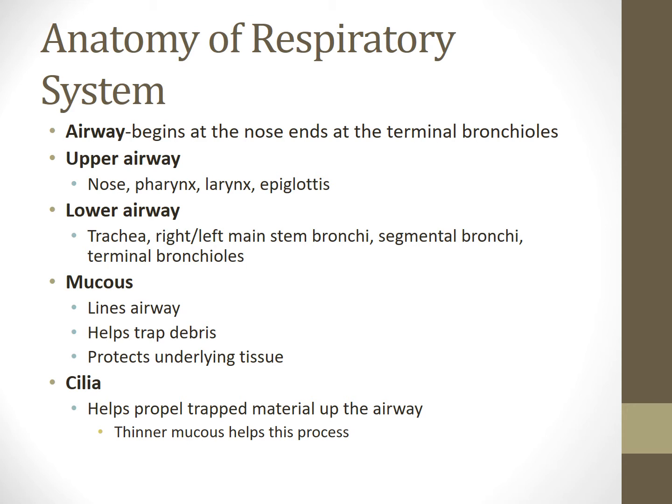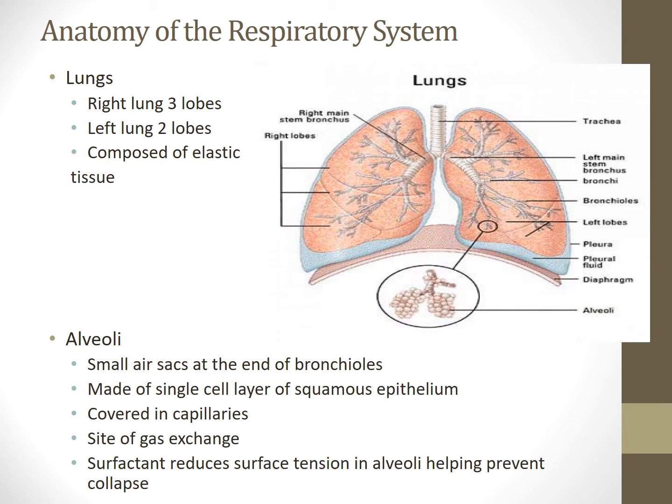As we continue on, our respiratory system is also composed of our lungs. Our right lung has 3 lobes and our left lung has 2 lobes. They're composed of elastic tissue. This is good to think about because as we age, we may see a decrease in the elastic tissue, which is going to cause some compliance problems with that lung being able to expand.